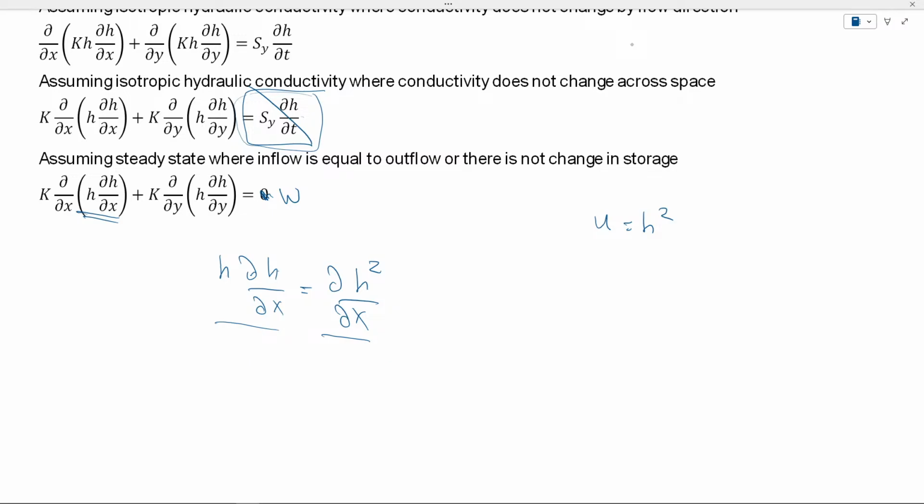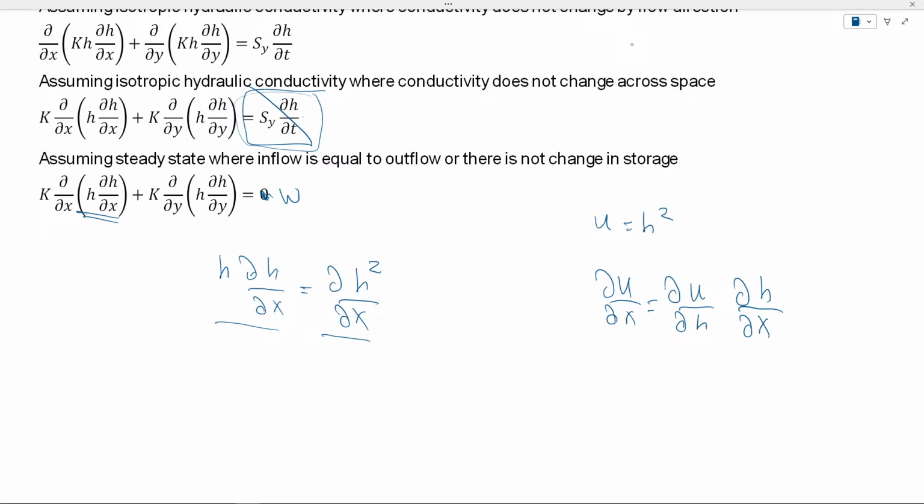So I have partial u over partial x, and that is equal to partial u with respect to partial h, times partial h with respect to partial x. Do you agree?